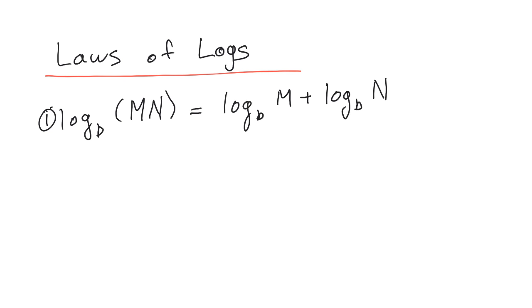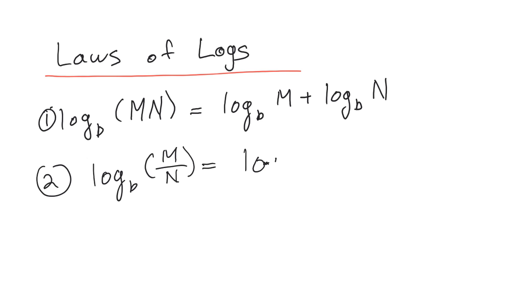All right, now here's 2. Let's say I have division. So we've got log of b of m divided by n. You're going to have the log base b of m minus the log of base b n.